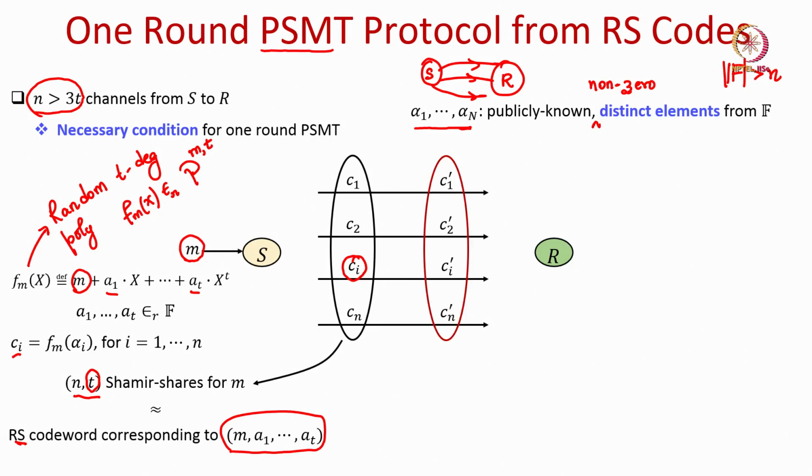Now, suppose the receiver receives the components C 1 prime, C 2 prime, C i prime, up to C n prime.